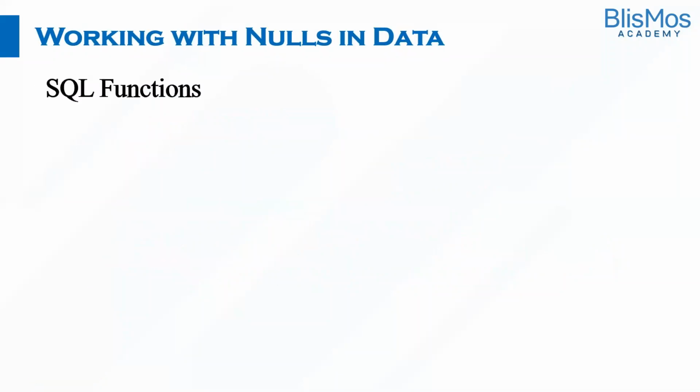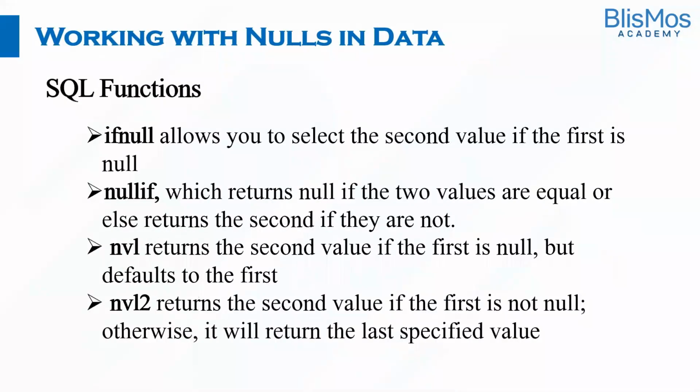Now that we understood coalesce, there are some SQL functions which we will be seeing as a part of Spark SQL, but we are introducing them to you in this lecture because we are dealing with the null values. ifnull is one of the SQL functions which allows us to select the second value if the first value is null. nullif returns null if the two values are equal, or else returns the first value. nvl returns the second value if the first is null. nvl2 will return the second value if the first is not null.